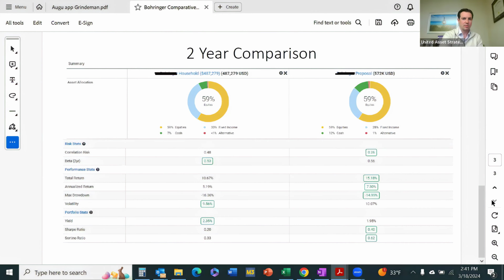We keep this short because when we're looking at this comparative analysis, it's looking at the current snapshot and back testing it for 2 years. But we know in reality that oftentimes you're buying or selling, or you don't have the same positions for longer than 2 years.